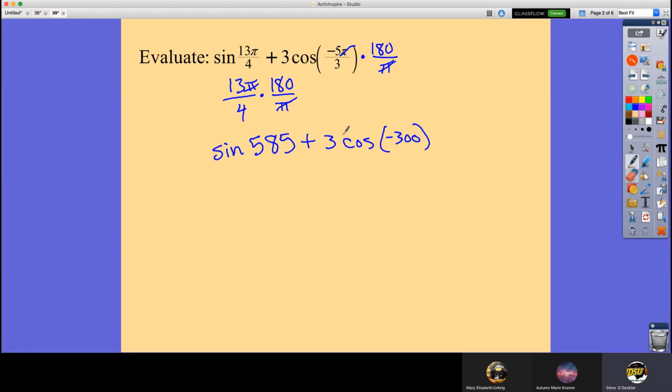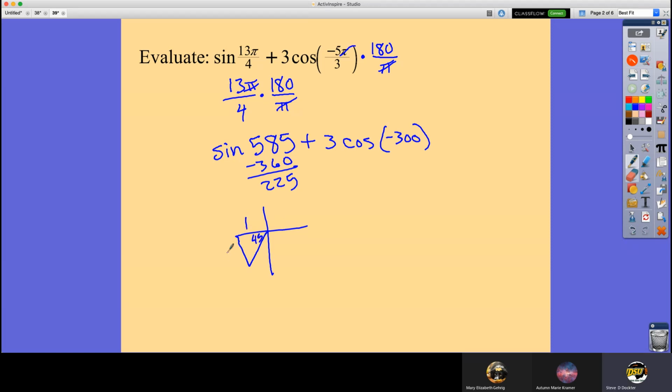All right, now what we've done before with this one, we should probably subtract 360 out of there to get this down to 225. And then we've got to graph those. So 225 gets us down into the third quadrant. Reference angle of 45.